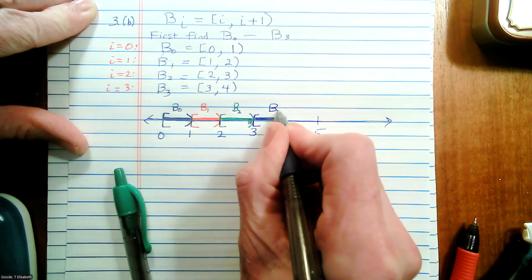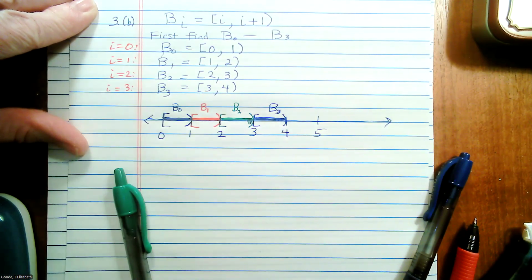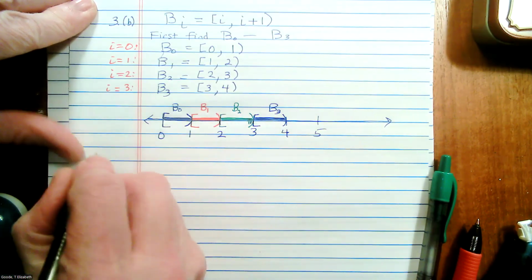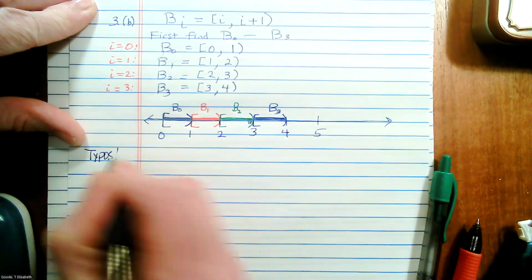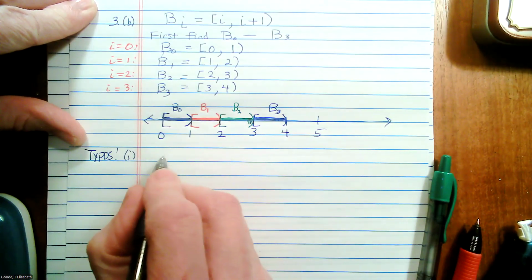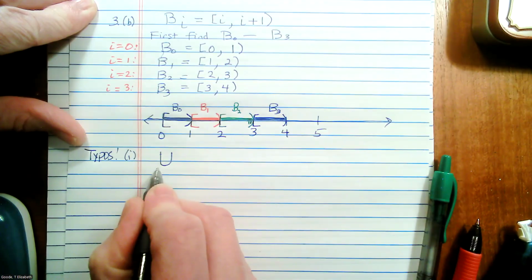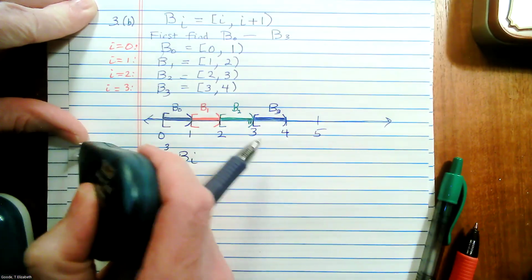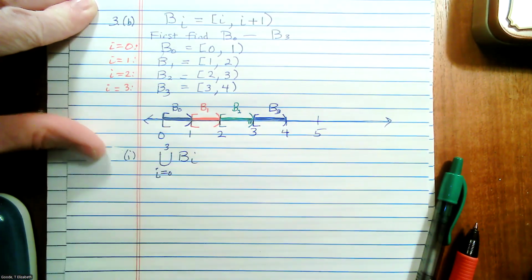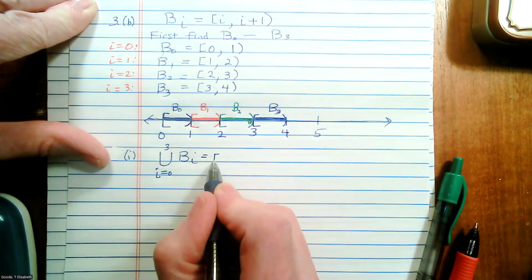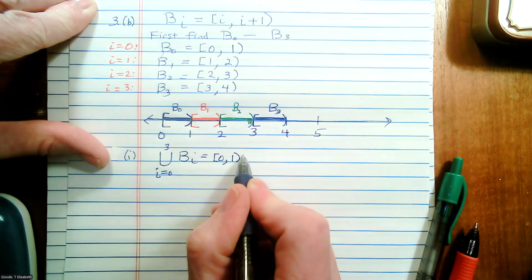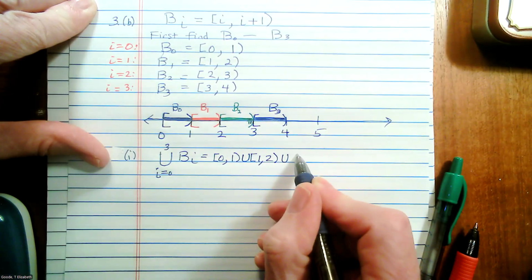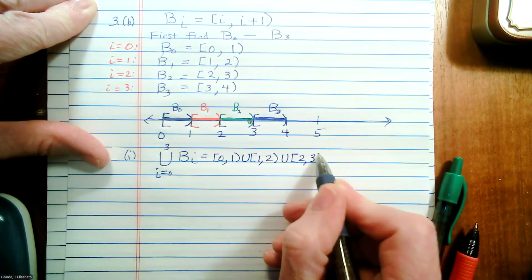And there's B3. All right, so we've drawn B0, 1, 2, and 3. See how different that is? Yeah, that's way different. And again, sorry about the typos. I meant to say the union from i equals 0 to 3 of Bi. Maybe I should put this where the typos actually occur. Okay, so help me with this. We are talking about from 0 to 1, don't include the 1, union 1 to 2, don't go to 2, to 3, and 3 to 4.